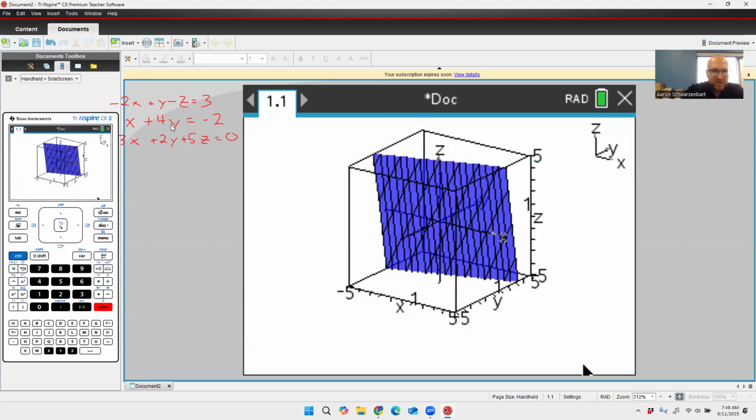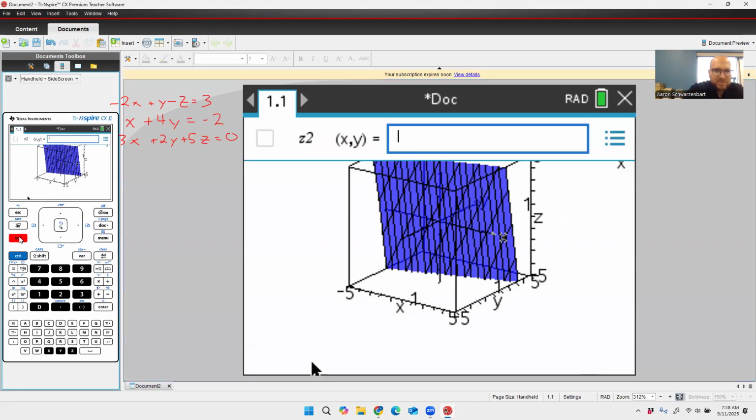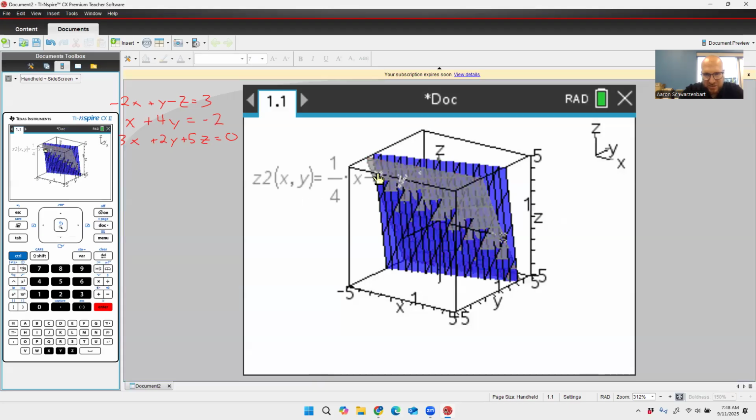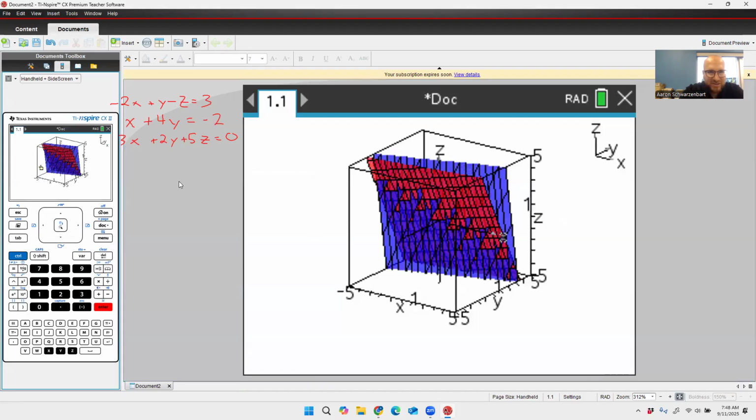And we get a plane there. If I hit tab again, I can enter another one: 1/4 x minus 2y plus 1. And right now my solution would be the intersection of those two planes, which is a line.